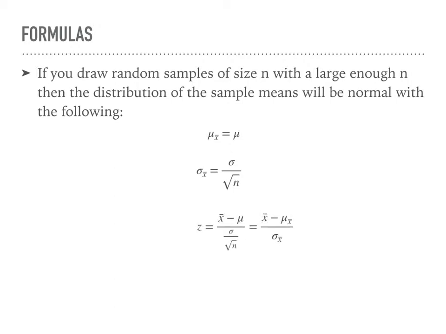Which means our z value would be equal to our sample mean minus the mean of the data values divided by the ratio, the standard deviation of the data values over the square root of the sample size, which is the same as saying the sample mean minus the mean of the sample means divided by the standard deviation of the sample means.